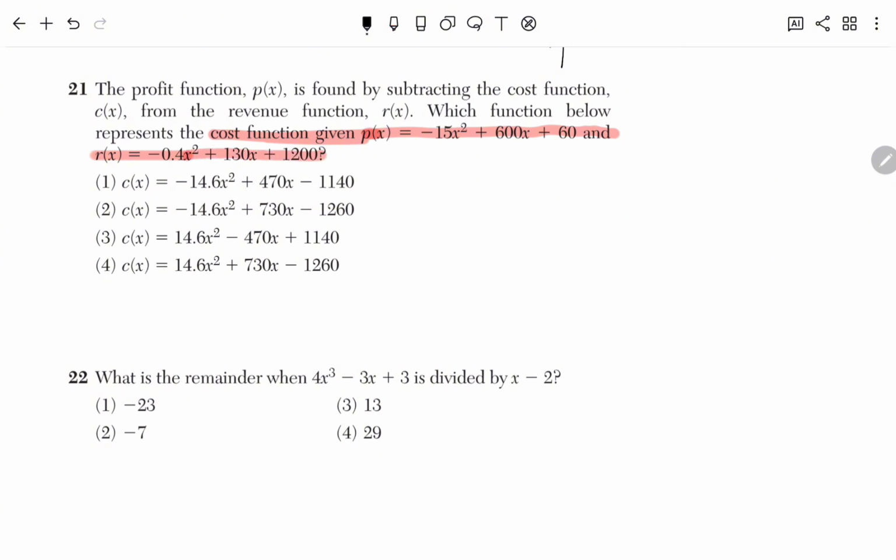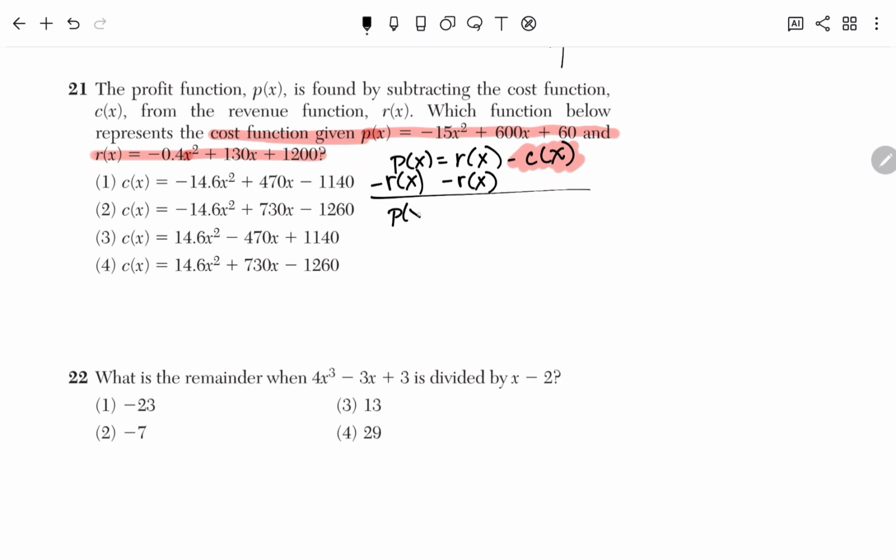So we recall that the profit function, P of x, is found by subtracting the cost from the revenue. So R of x minus C of x. And what they're trying to find is the cost. So to find the cost, I'm going to subtract the R of x.